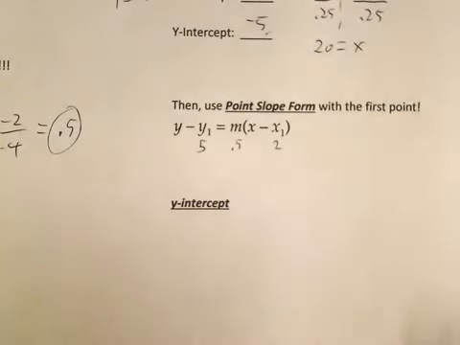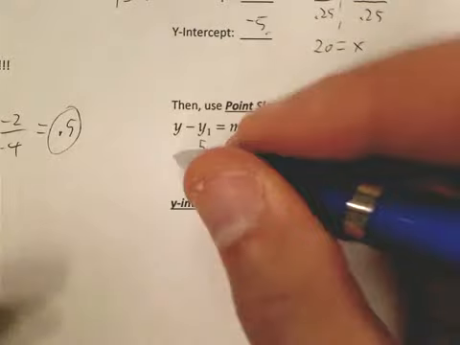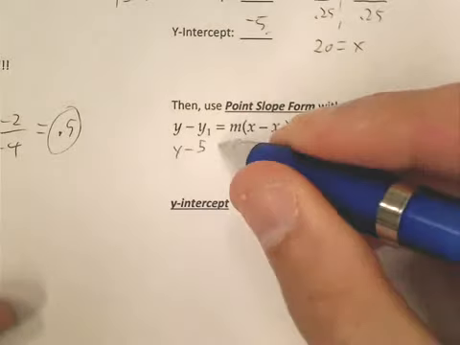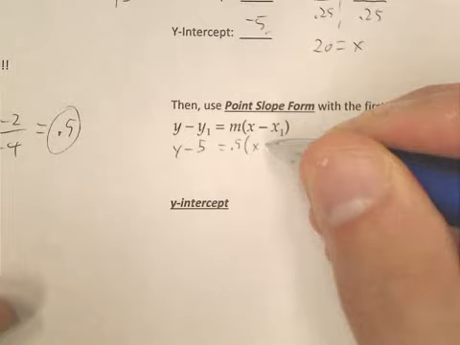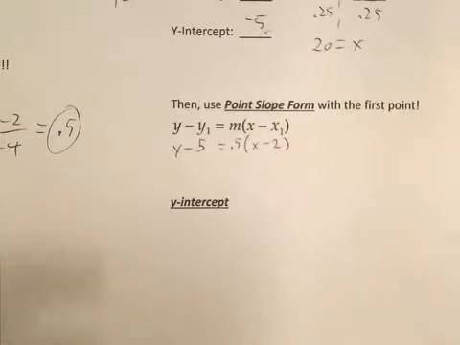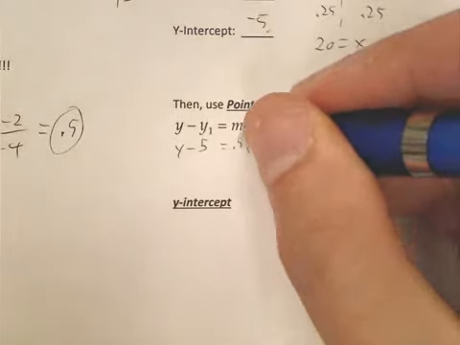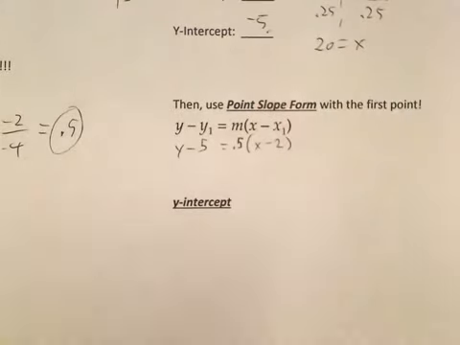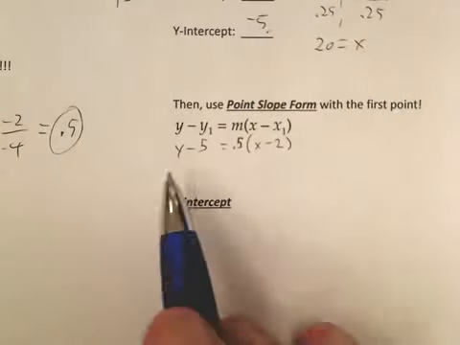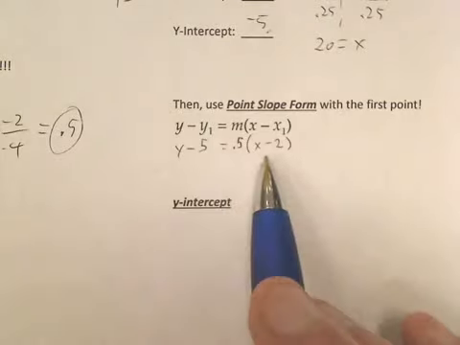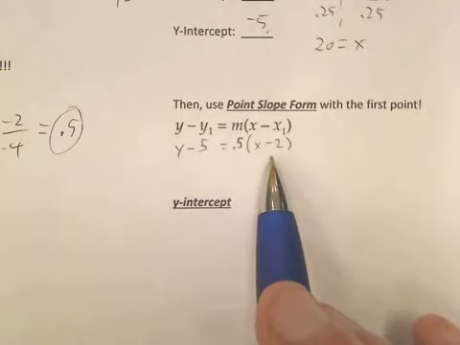That's all the information we have. Now everything else we're just going to copy from above. So I have y minus, I have an equal sign, I have x minus. Beautiful. Okay, so y minus 5 equals 0.5, and then in parentheses, x minus 2.